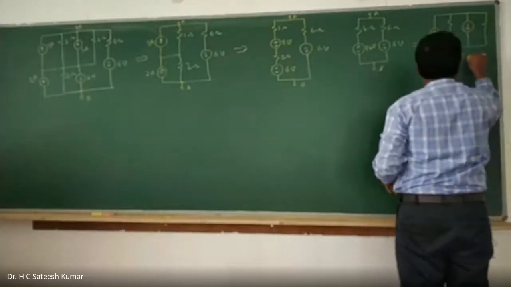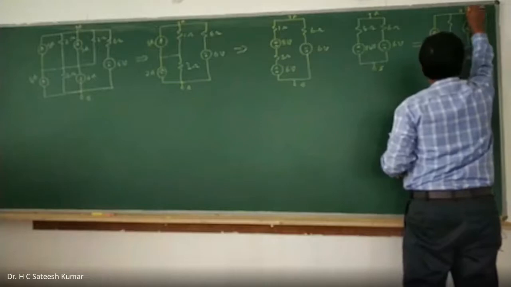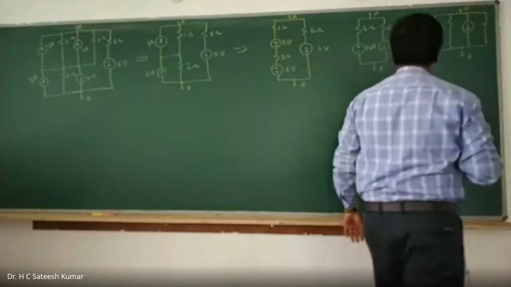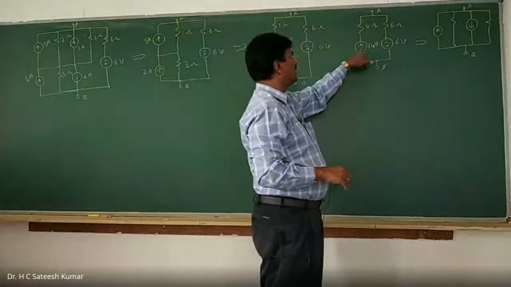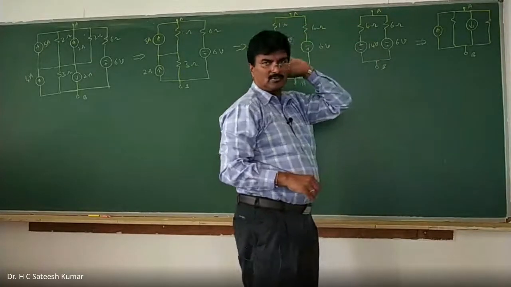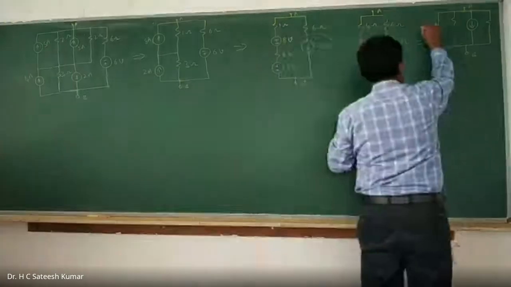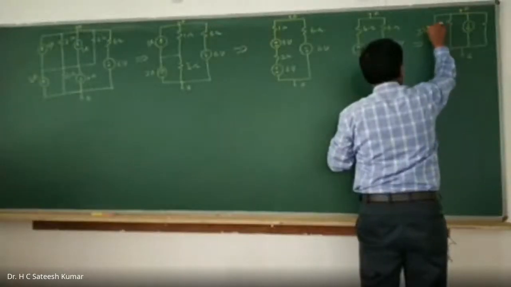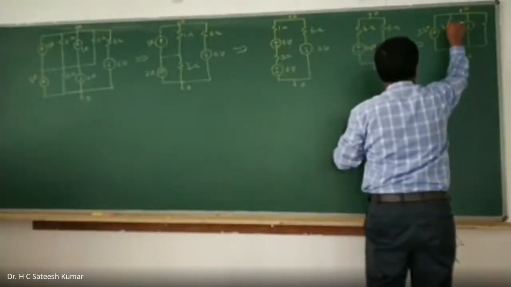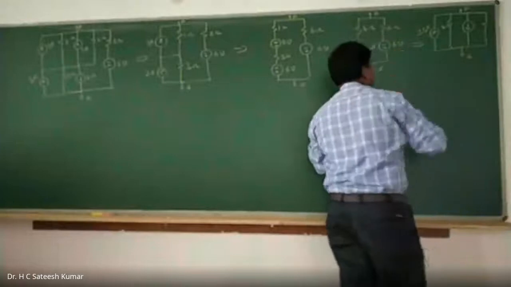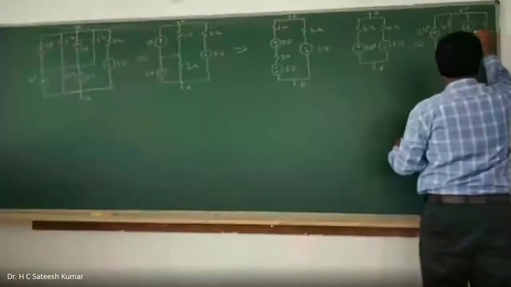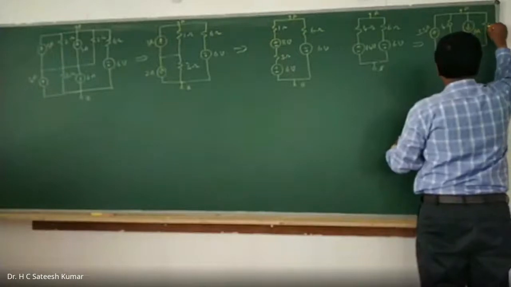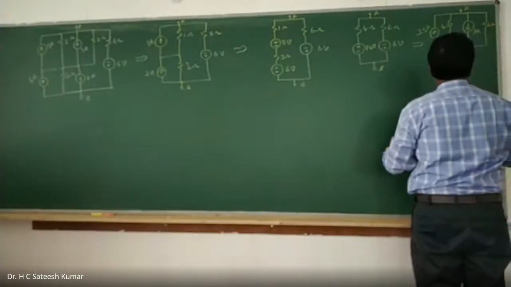So this is B, this is A. Okay, right. So what do we have? I is equal to V by R. So 14 by 4, 3.5 amps, and this is 4 ohms as it is, write it. I is equal to V by R, 6 by 6, it is 1 amp, 6 ohms. We have this.